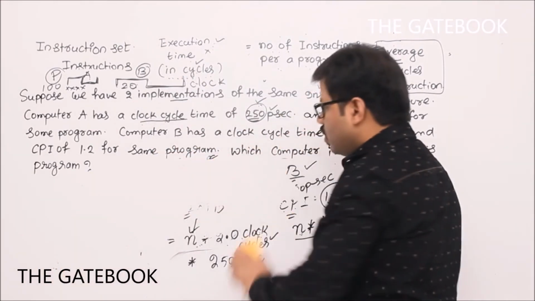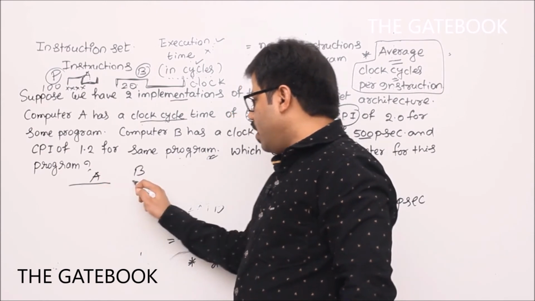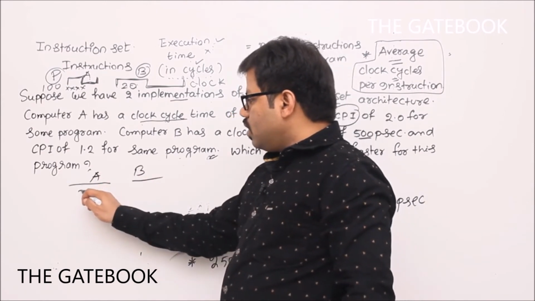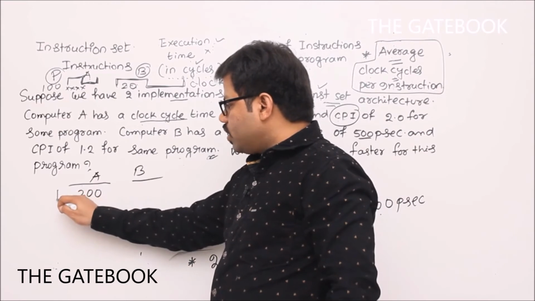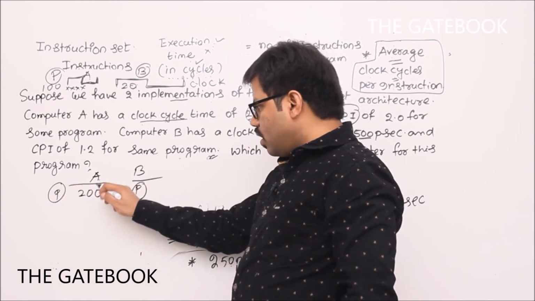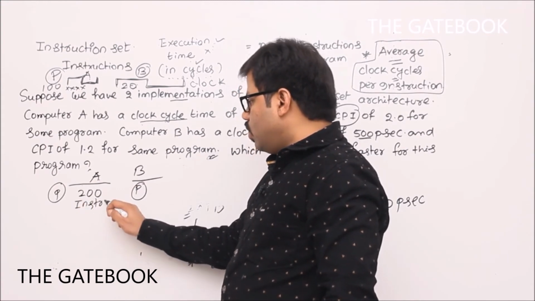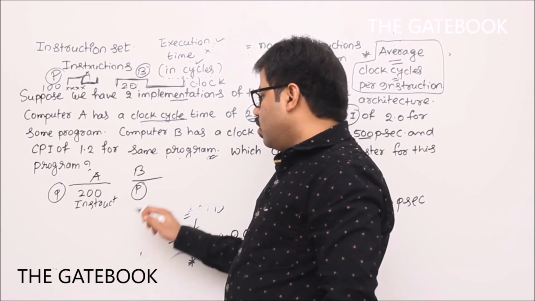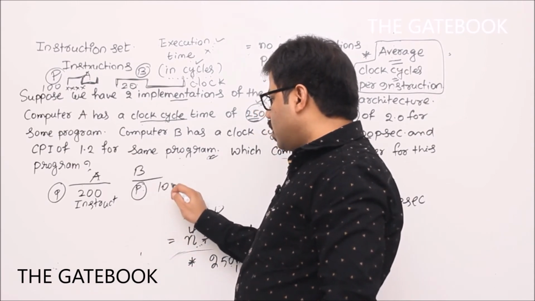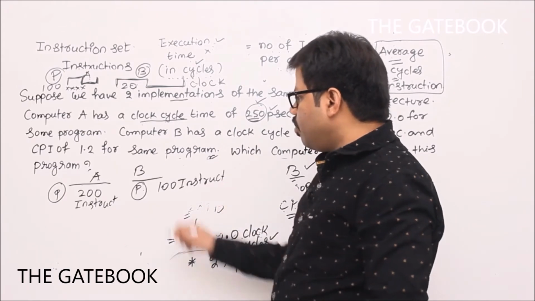What I want to say is, you have two computers A and B, and you are executing the same program, program P. In this computer, program P is using 200 instructions, and in the other, the same program is using 100 instructions. Now someone asks you which one is better, don't say B is better.